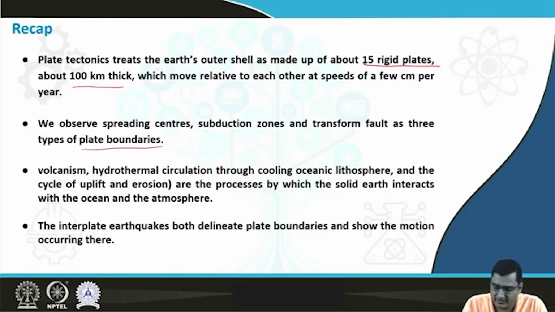And then we learned that volcanism, hydrothermal circulation through cooling oceanic lithosphere, and the cycle of uplift and erosion are processes by which the solid earth interacts with the ocean and the atmosphere. The interplate earthquakes both delineate plate boundaries and show their occurrence there, which means if you plot all the epicenters happening across the globe, they will delineate the plate boundaries, and we have seen that in the previous lecture.